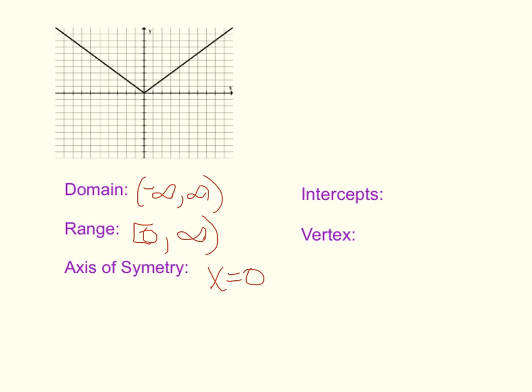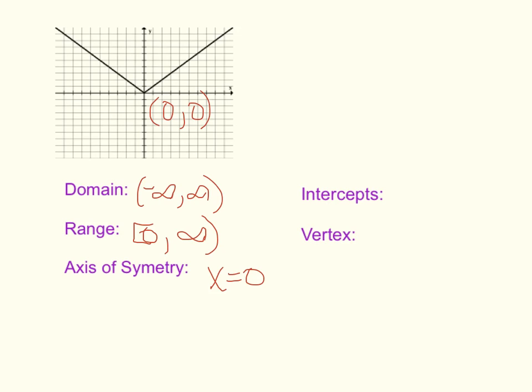For absolute value functions, the axis of symmetry always goes through the vertex. In this case, our vertex is 0, 0. The axis of symmetry will always be the x-coordinate of that vertex because it's a vertical line going straight through the x-axis where x equals 0.